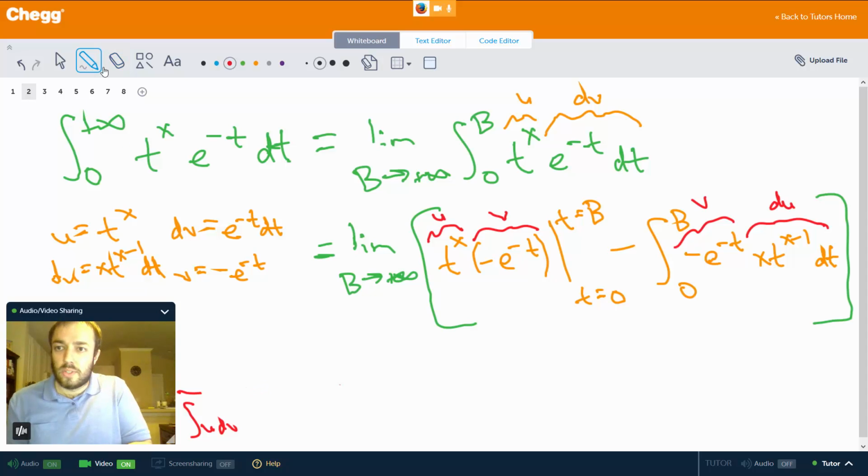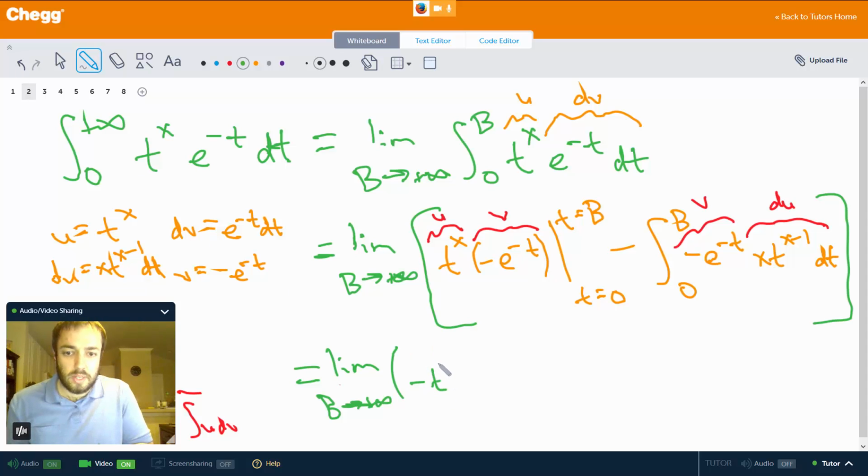Okay, so this now equals the limit as big B goes to positive infinity of, so here we have negative t to the x e to the negative t, where t goes from 0 to big B. Okay, so actually that should technically be inside the limit as well.